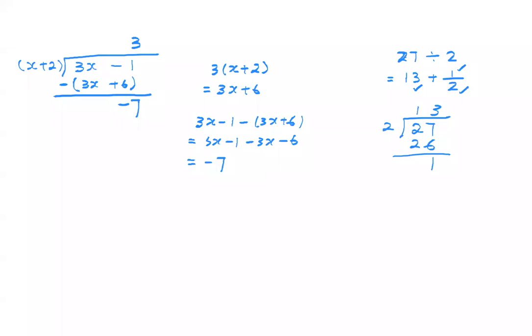So I will write now: 3x minus 1 divided by x plus 2. The quotient is 3 plus the remainder divided by the divisor. So that is how you use long division.